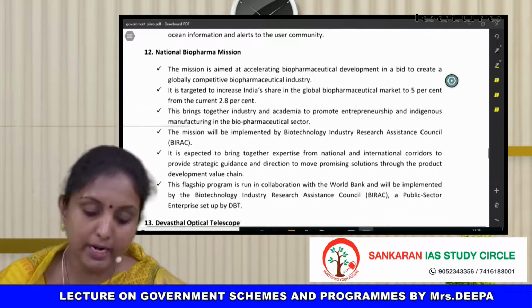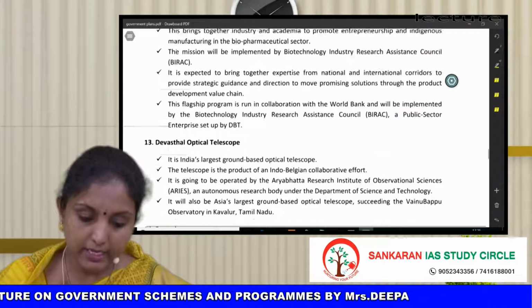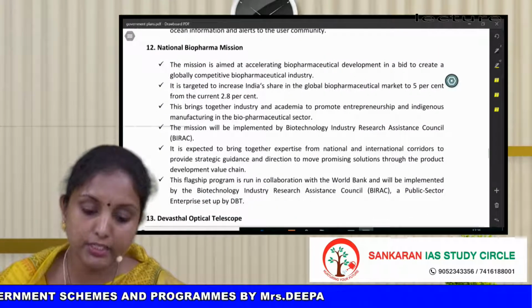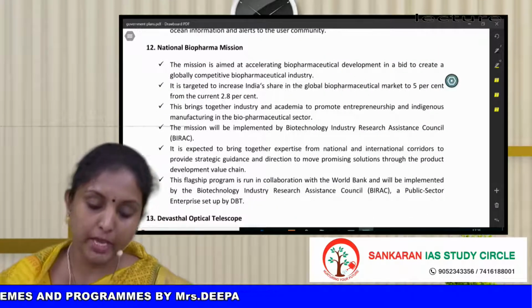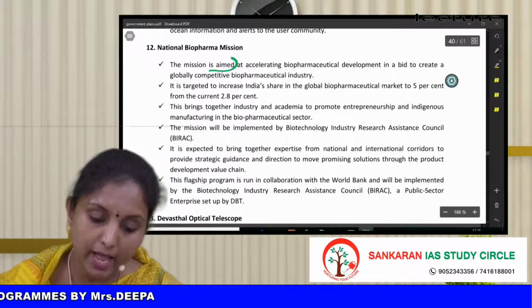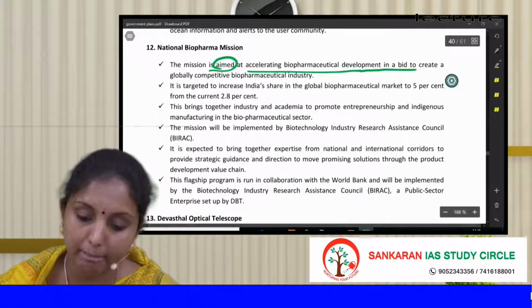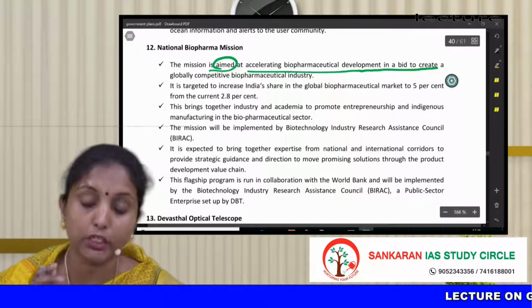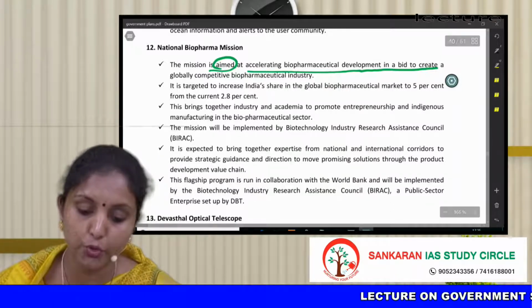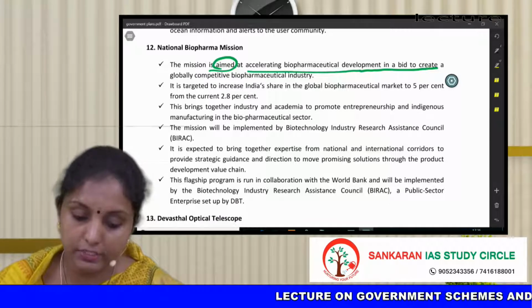The next program under the ministry is the National Biopharma Mission. The mission is aimed at accelerating biopharma medical development in a bid to create a globally competitive biopharmaceutical industry.